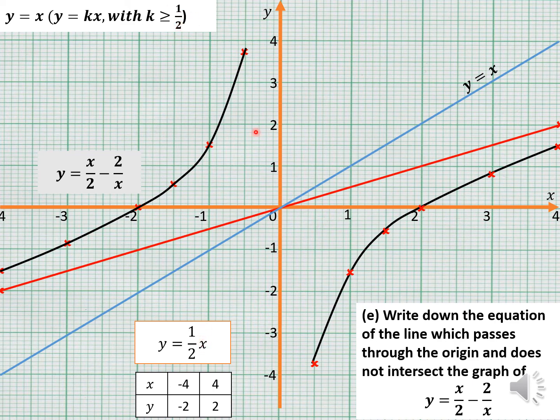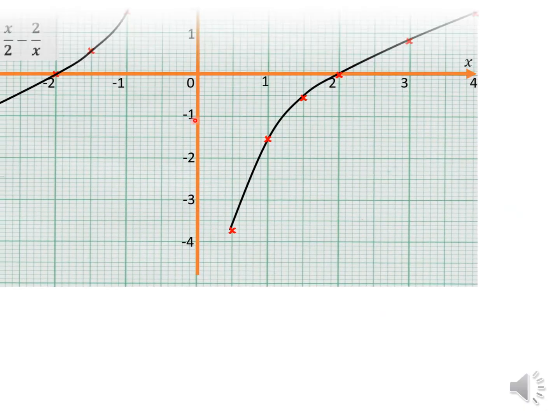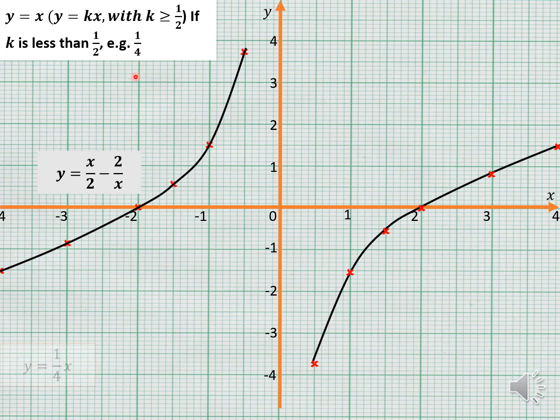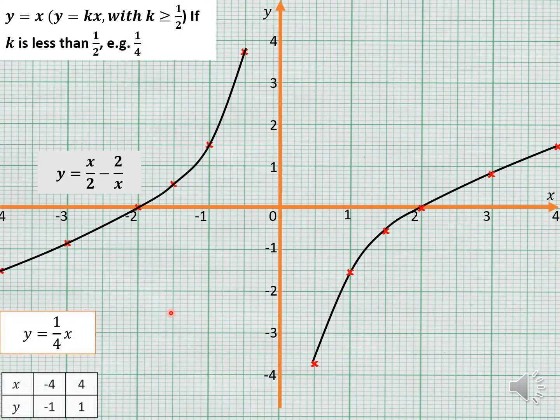So in the next slide, I will show you what happens when we pick, for example, a value that is less than a half. Let's say we do 1/4. So if I choose 1 over 4, let me bring in a table again. When my k is 1 over 4, which is considerably less than half, and you plug in negative 4, you get negative 1, and you see that point somewhere here.